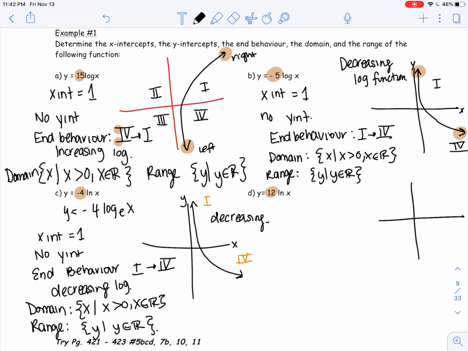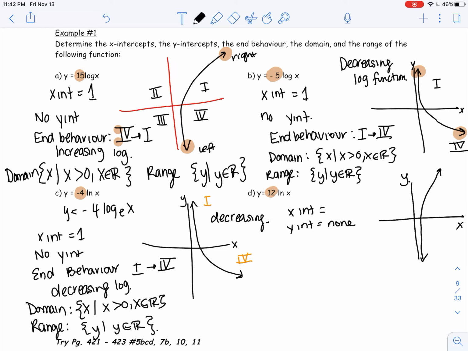Okay, so take a second and sketch what you see on your graphing calculator. So I have something that looks like this. So you should find that the y-intercept and the x-intercept are the same as the other ones.